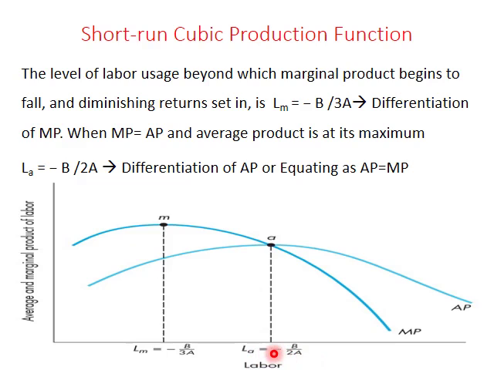This minus shows that the parabola is opening downward, because both curves of MP, marginal product, and average product are opening downward. So this negative sign indicates the downward opening of those parabolas.